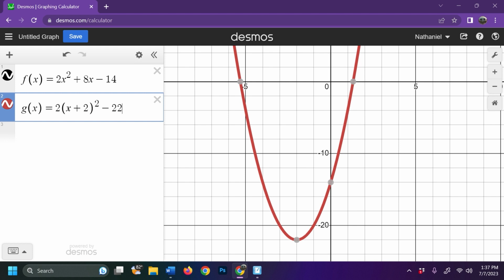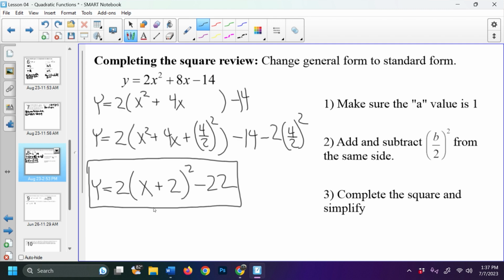And we see that both of these equations do line up perfectly. And in each case, our vertex is at (-2, -22). And if we look at our vertex form, remember we would take the opposite value here. So (-2, -22) is our vertex.